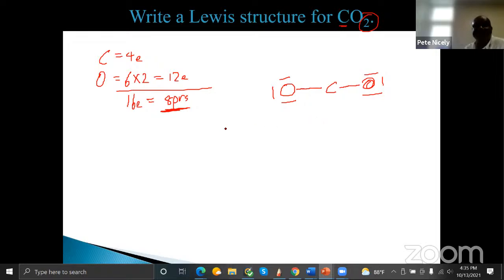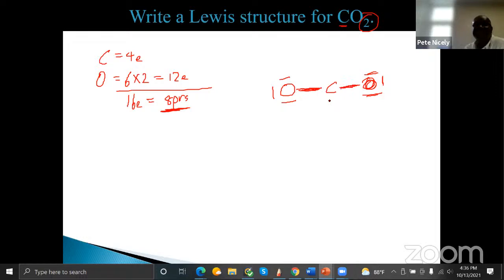Now, here's one thing that you should notice. The oxygen here has its octet. It has 2, 4, 6, 8 electrons, and the same is true for this oxygen here. But the carbon in the middle has only 4 electrons on its outer shell, right? It has 2 electrons here, and 2 electrons here.